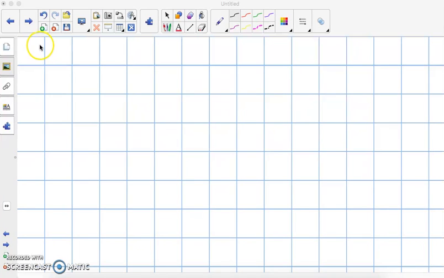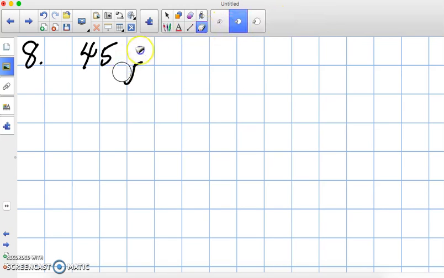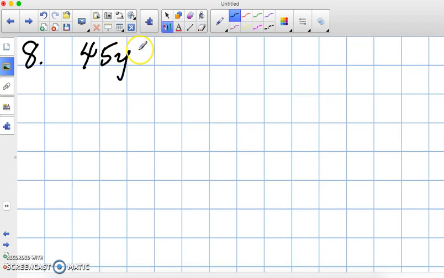Now, our final example will deal with another two-step operation. I encourage you to try to figure out yourself before I go over it in the video. So I can't remember what number this is. We'll call this number 8. If it's number 9, you can correct it on your page. Let's go with 45y minus 75.